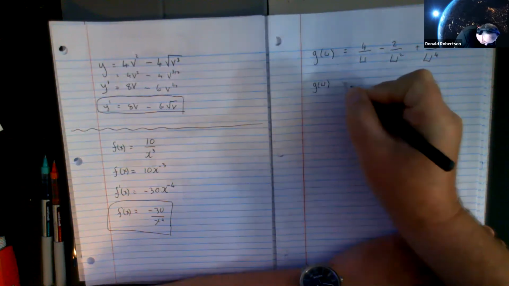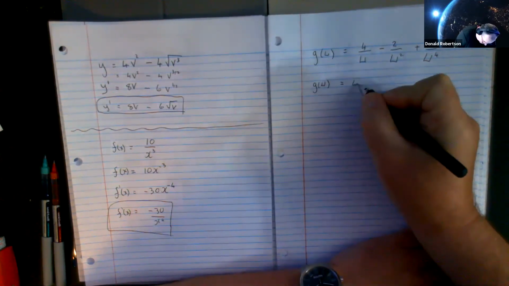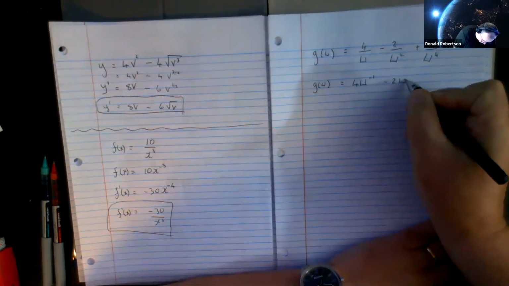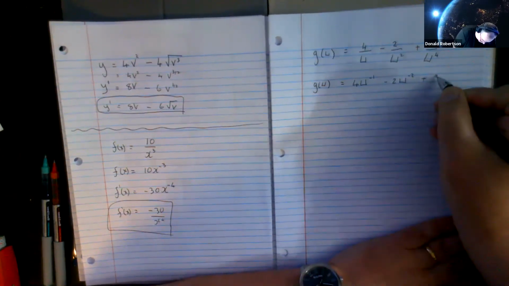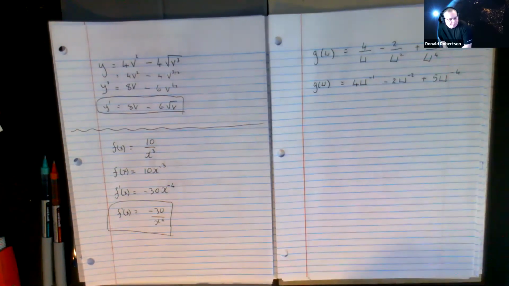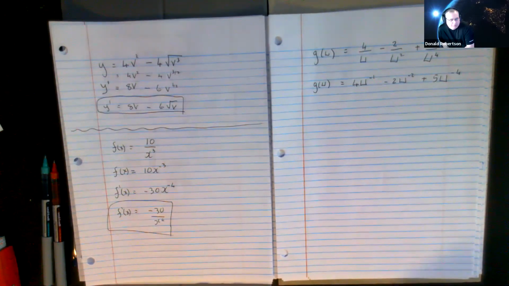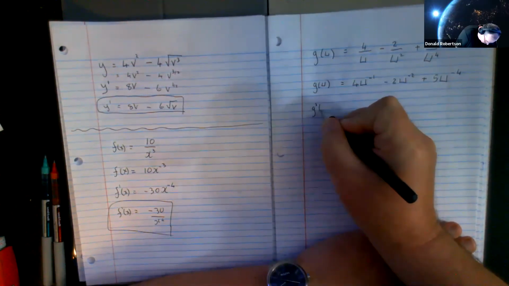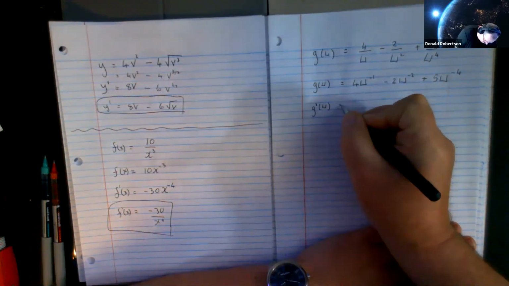First thing I'm going to have to do is to rewrite them as negative powers. So far, so good. Now I can do calculus and I'll use the power rule.